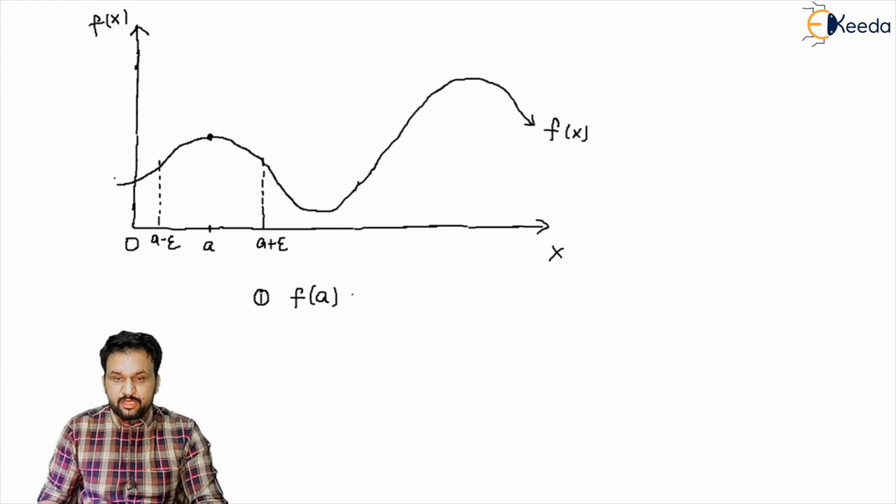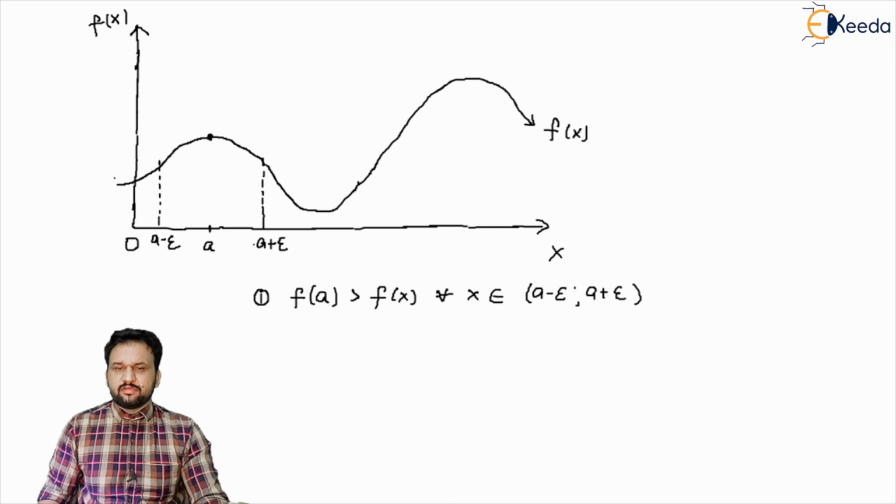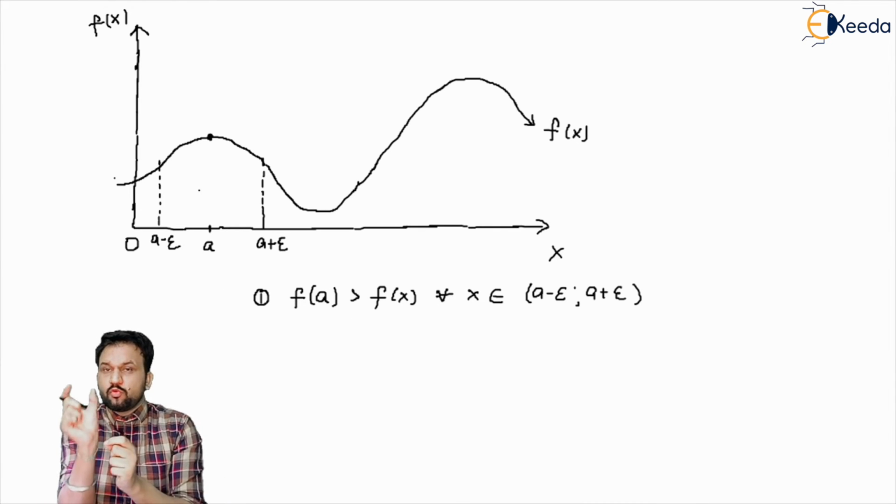So f of a is greater than f of x for all x belonging to the interval a minus epsilon to a plus epsilon. Whatever interval you have, like a to b, 1 to 4, whatever, a specific interval will be there. You can say that a is called a local maxima because you have considered some local interval.